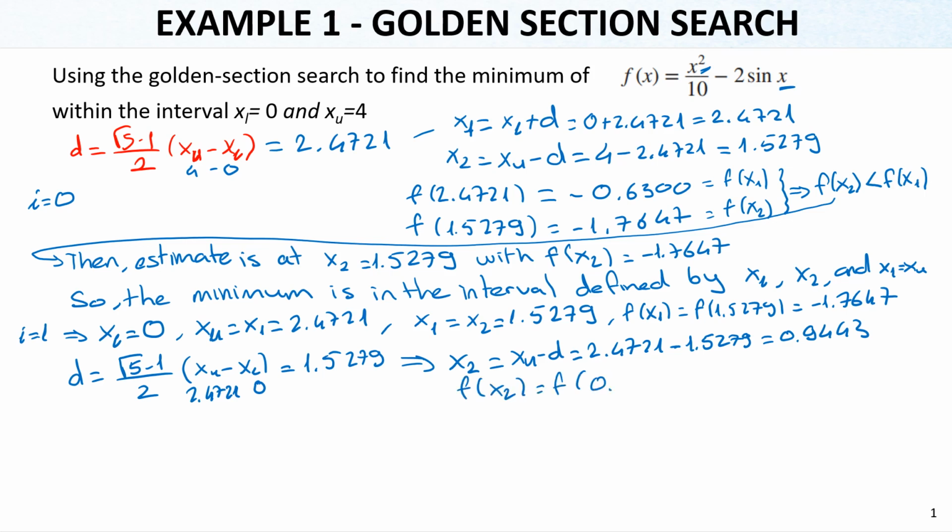Let's calculate fx2. F of 0.9443, if we calculate it from the function, is minus 1.5310. That's the result. And let's compare now fx2 and fx1. You can see that fx1 is smaller. So let's write fx1 is smaller than fx2.